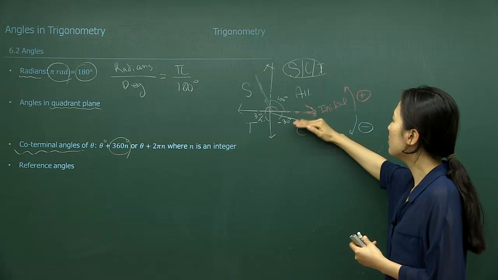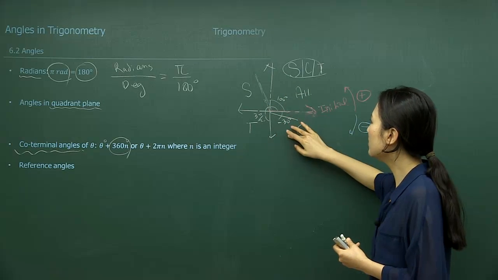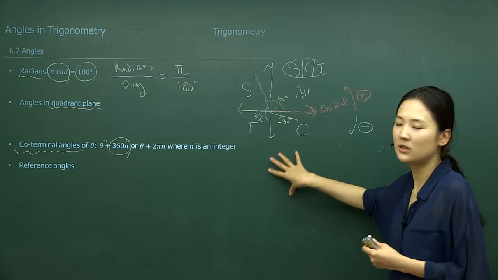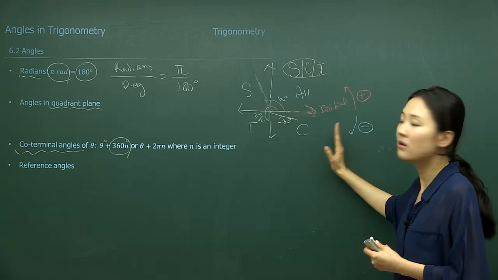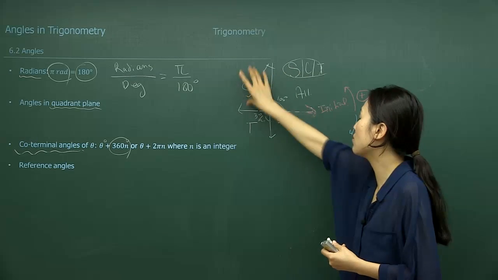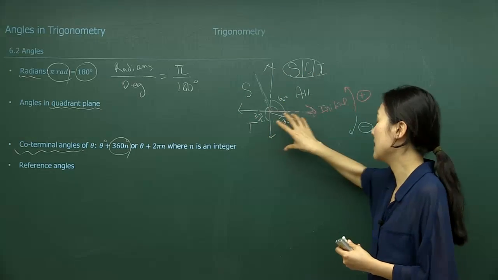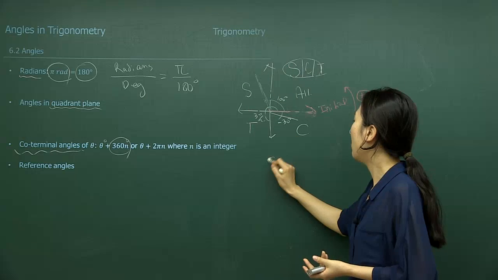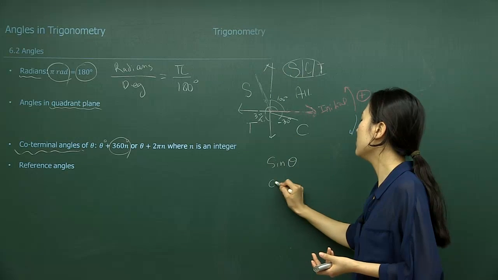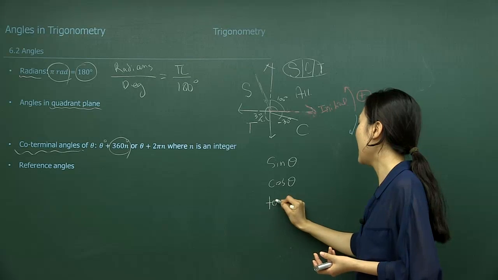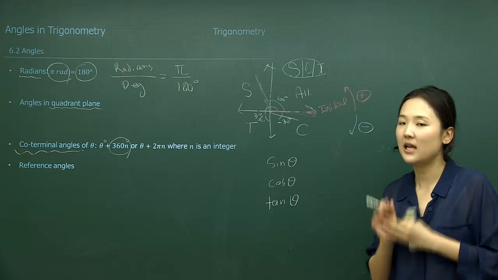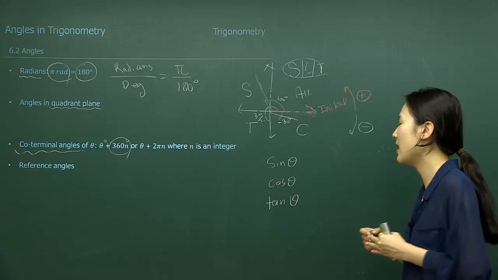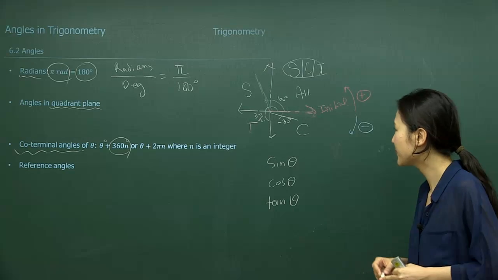So we do measure the angle from here. And when you apply the angles into sine, cosine, or tangent, depending on what your angle is, or in which quadrant your angle is in, the sine, cosine, or tangent of the angle sometimes will have a negative value, and sometimes a positive value.